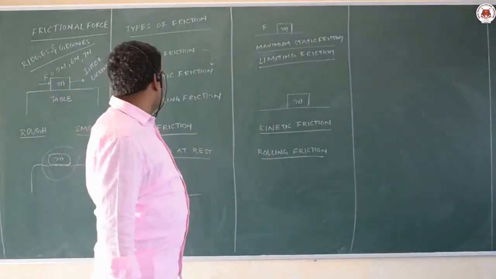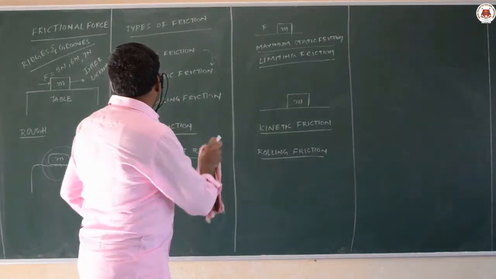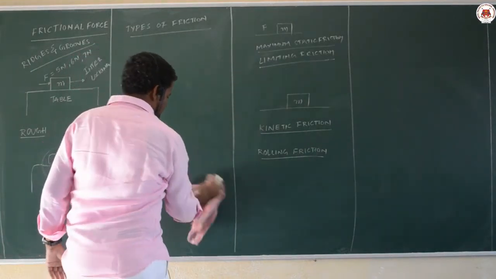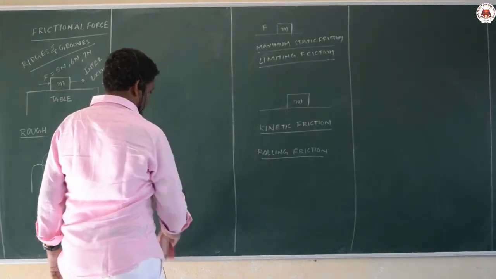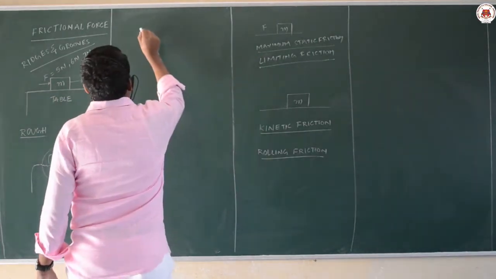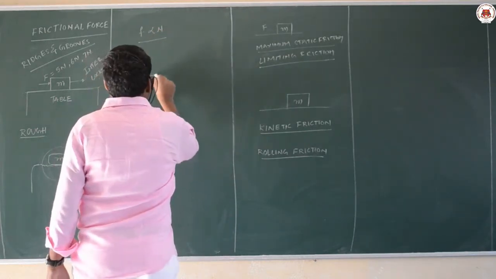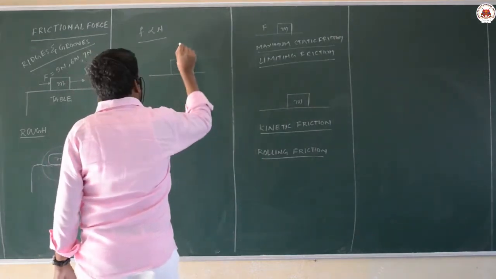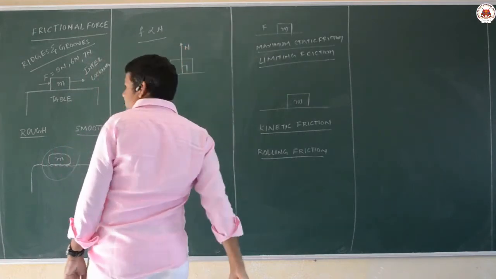Next topic in this is, we will see the formula for friction. On what factors does friction depend? The factor on which friction depends is normal reaction. Frictional force is directly proportional to normal reaction. When a body is resting on another body, the force which is acting perpendicular to the lower surface of the upper body is called normal reaction.